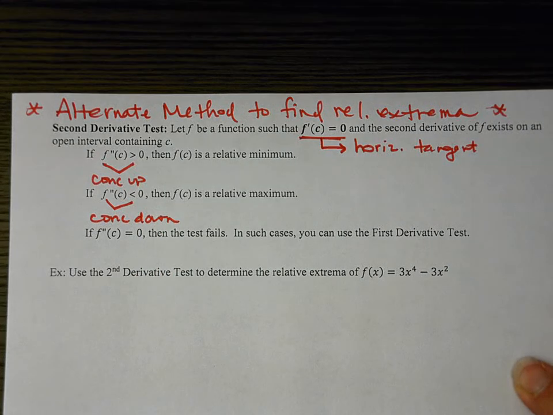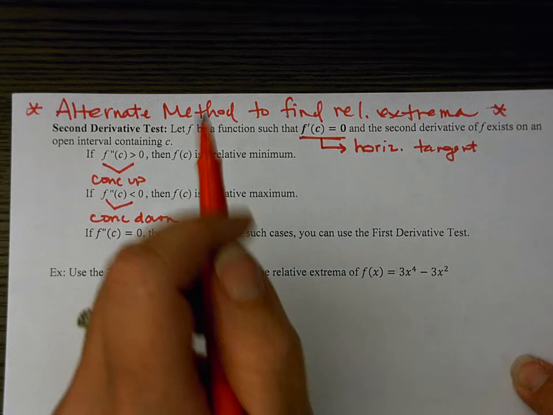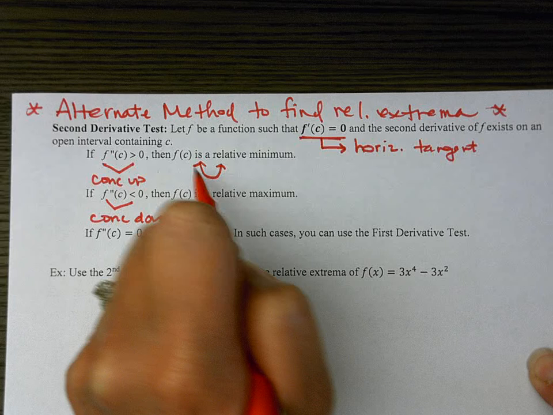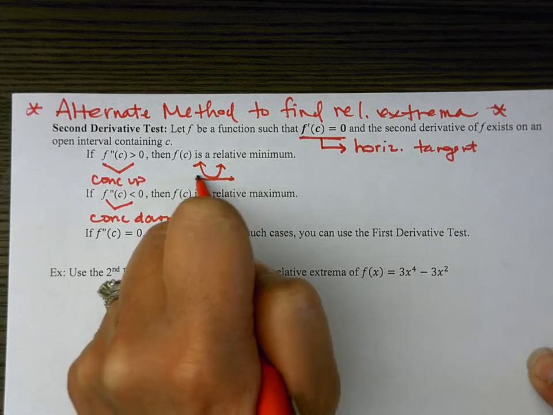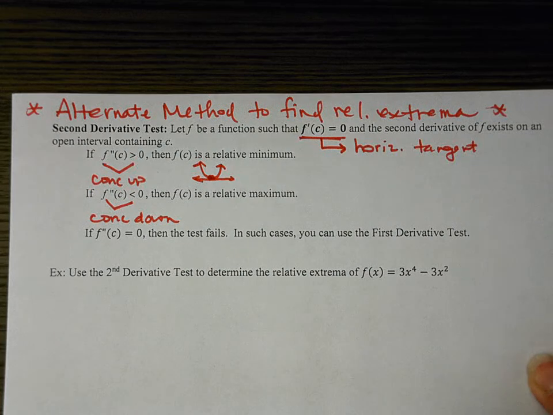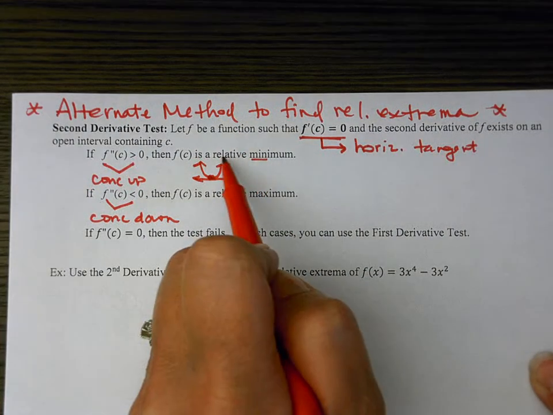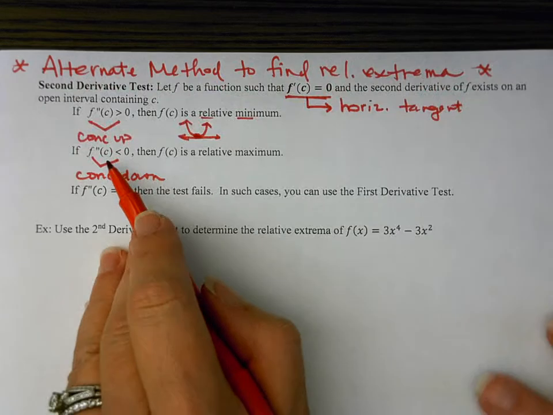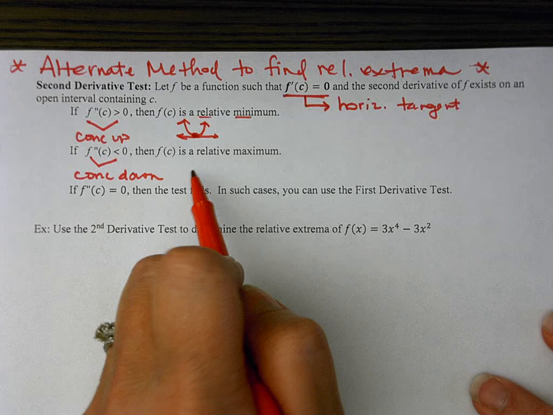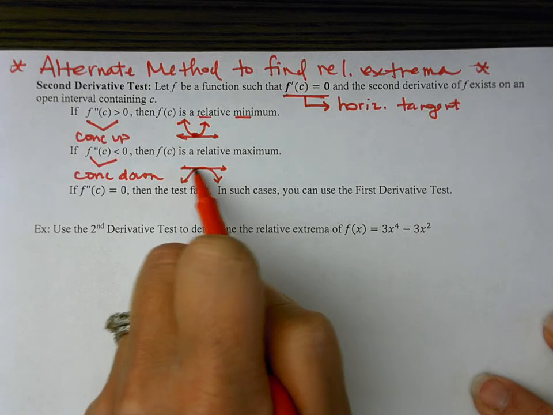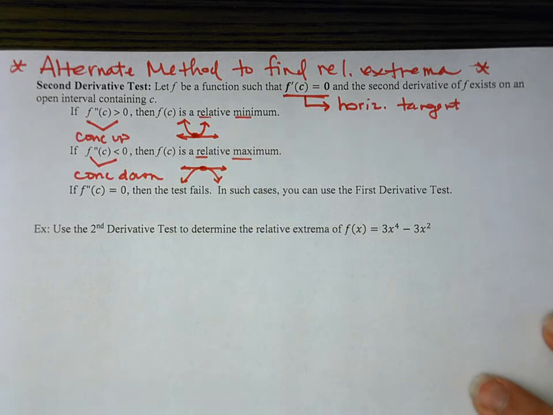So if that horizontal tangent is resting on a section that's concave up, so this is your concave up, there is your horizontal tangent, then it would be a relative minimum, right? If that horizontal tangent is resting on a section that is concave down, then you would have a relative maximum, okay?